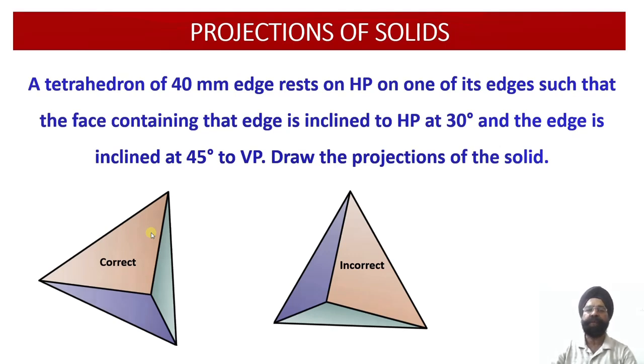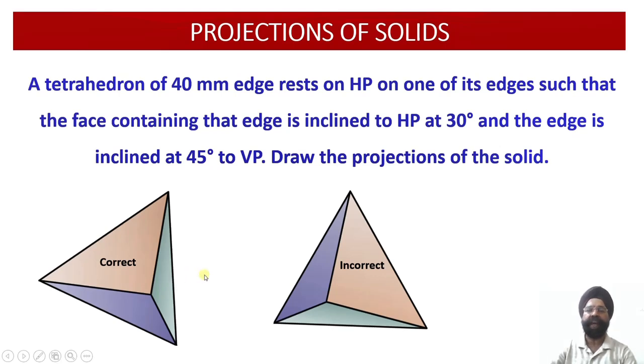Another difference between a tetrahedron and any other pyramid we need to understand: in any other pyramid we are provided with the edge of the base, and the axis height is also provided. But in the case of a tetrahedron, we have been provided with only one piece of information, that is, the edge of the base is 40 millimeter, and there is no information regarding the height of this tetrahedron.